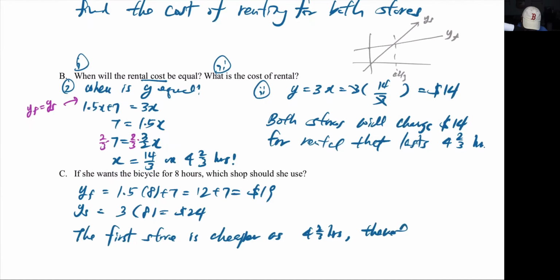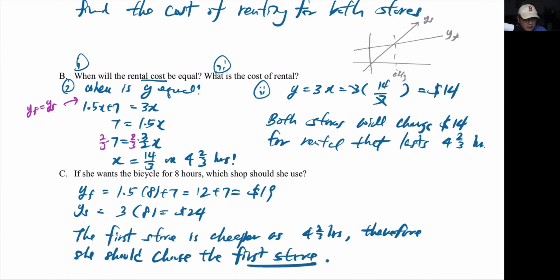Therefore, she should choose the first store. If you don't like writing as much, then just write down the second part right here. It should be sufficient. But it's good practice to write it in a full sentence. It helps you clear your mind and really see what's going on.